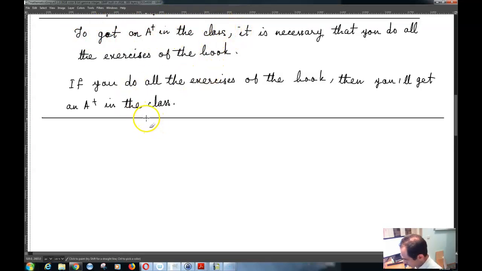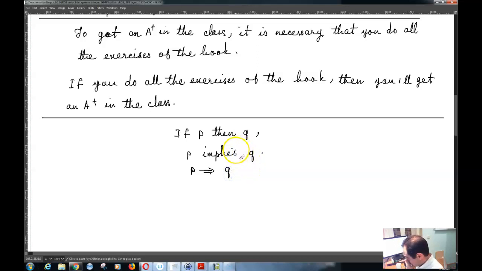Of course, logically, what they have written is right, because in the case of if-then clauses, we said that if P then Q, that basically means that P implies Q.